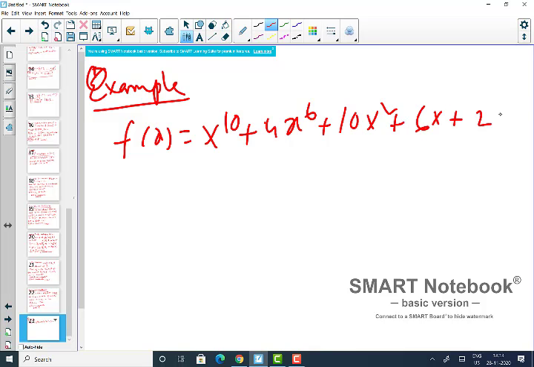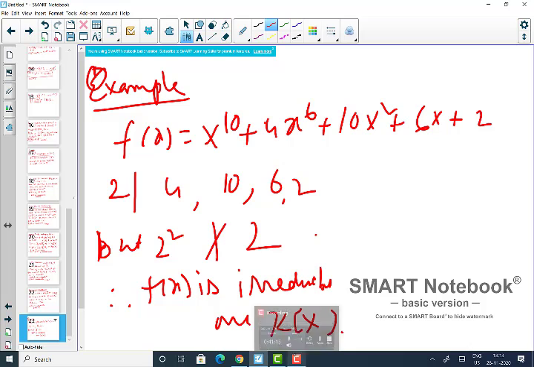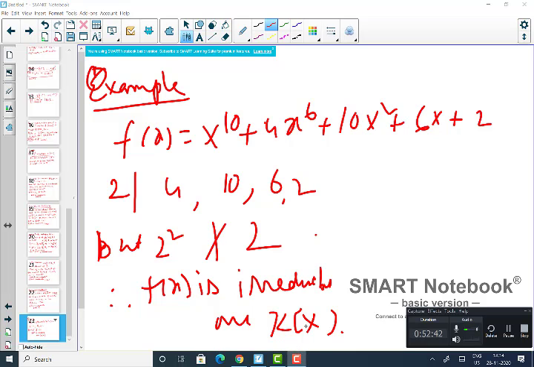Now you see that 2 divides all the coefficients, 4, 10, 6, 2, but 2 squared does not divide the constant term 2. So this f(x) is irreducible over Z[x]. You can easily find lots of such examples, and there might be some problem in the exam also. So with that I am going to stop today's lecture.